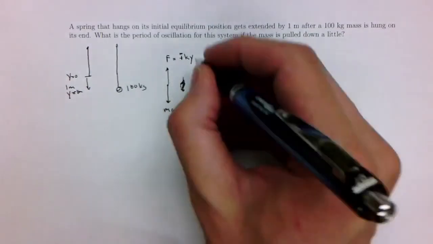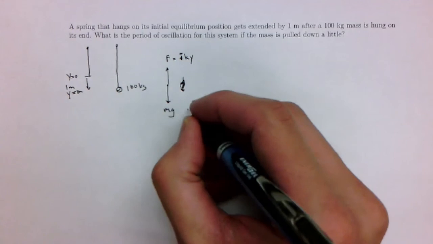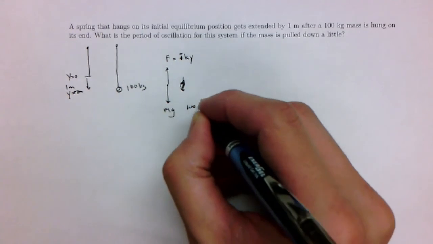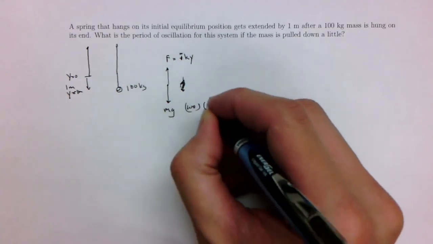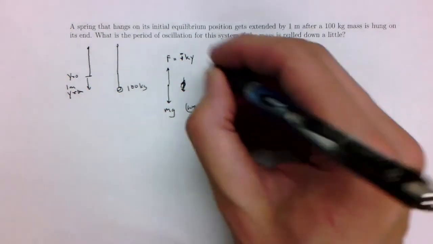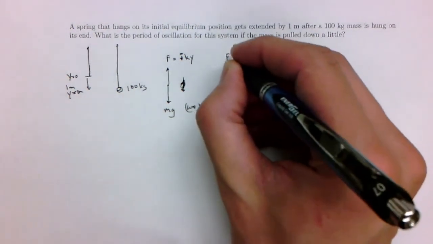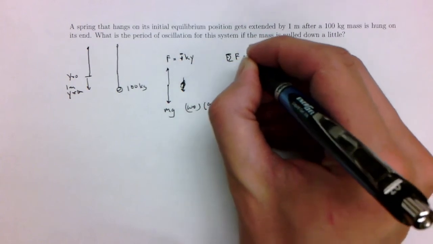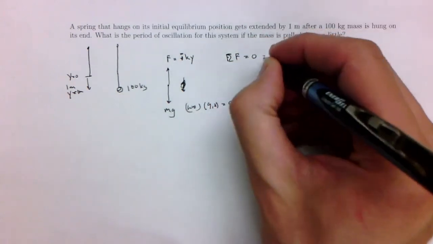So this is going to be 100 times 9.8, which is 980 newtons. That means that the sum of the forces is equal to 0, because it's assumed hanging at rest.